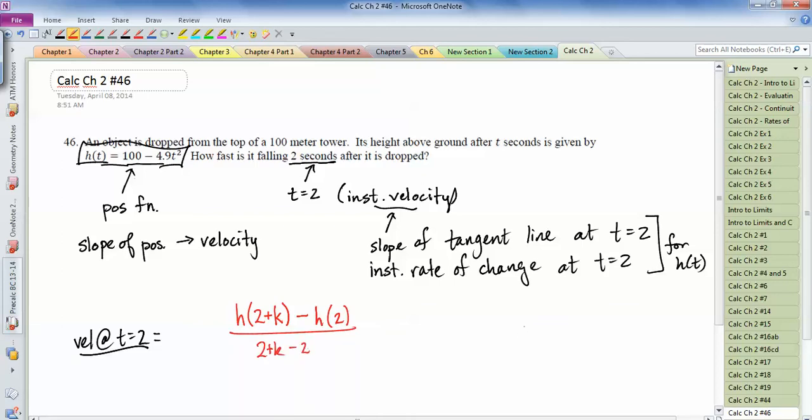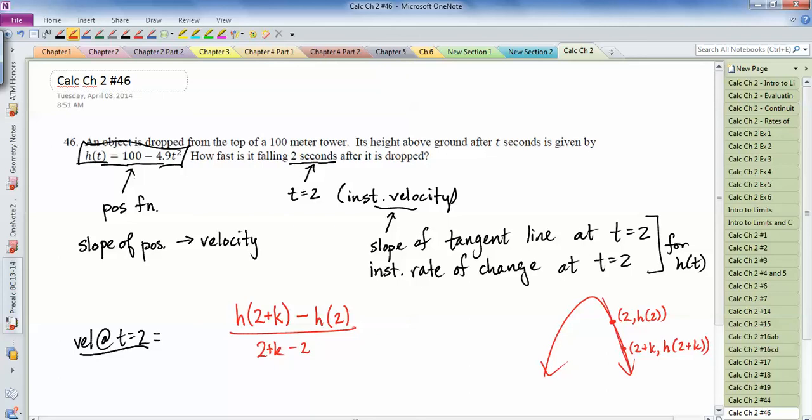So if you wanted to think about it, the h of t is this parabola that's upside down. And let's say 2 seconds is about here, t equals 2. So that's 2, h of 2. Then what we're doing is picking a point close to it, calling it 2 plus a little bit, h of 2 plus a little bit, and then finding the slope of the line through those two.